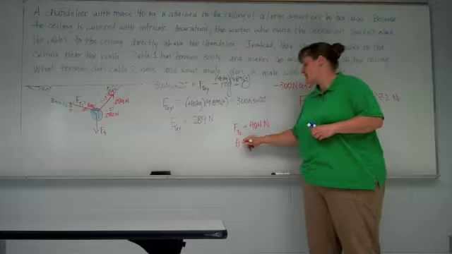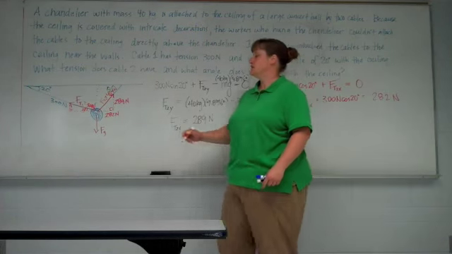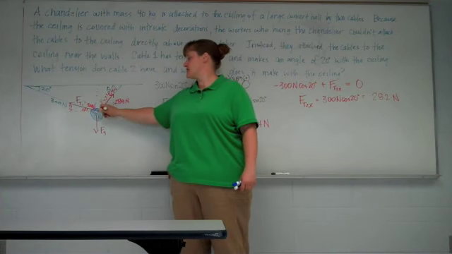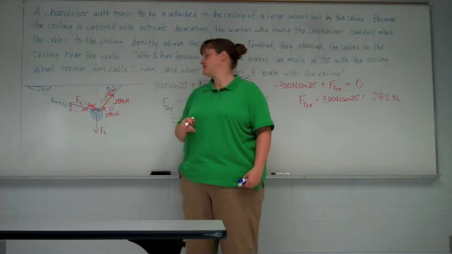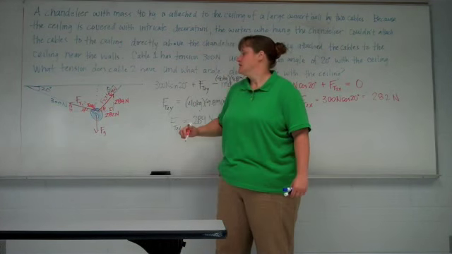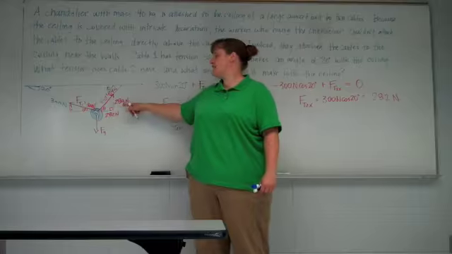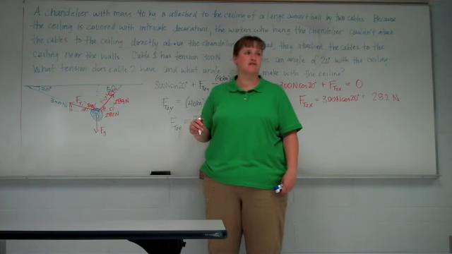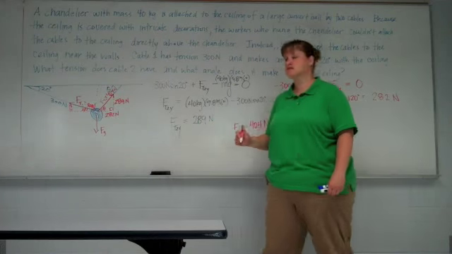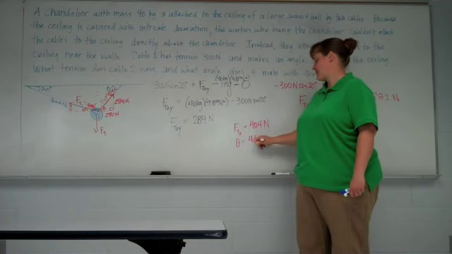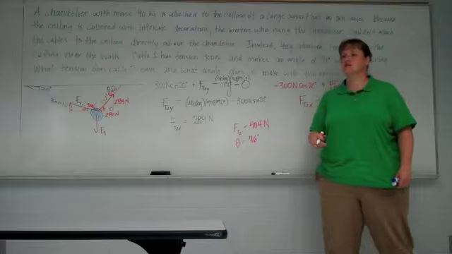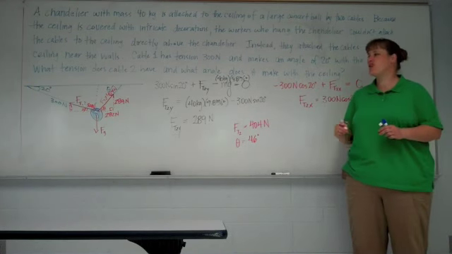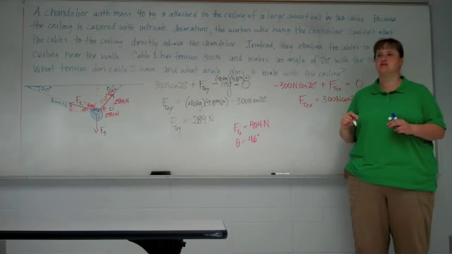The angle it makes with the ceiling. This angle up here is the same as this angle down here. So inverse tangent of 289 over 282, it's going to be awfully close to 45. 46? 46 degrees. Now we don't have to add 180 to it.